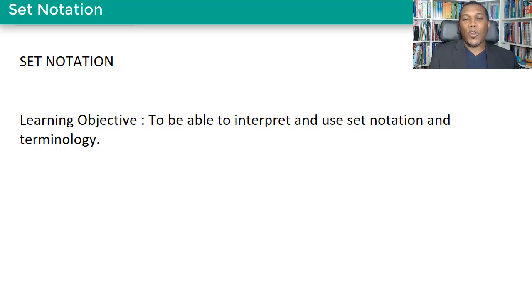But to go further in probability, you need to have a good understanding of set notation. So this session, we're going to explore and develop our understanding of set notation, in preparation to use set notation to solve probability problems. So that's the context there.